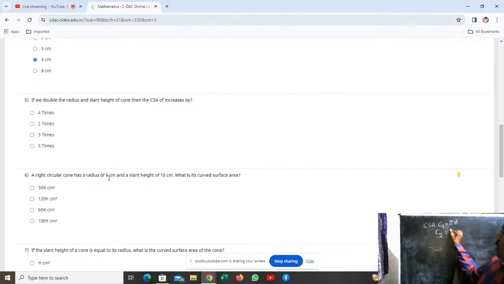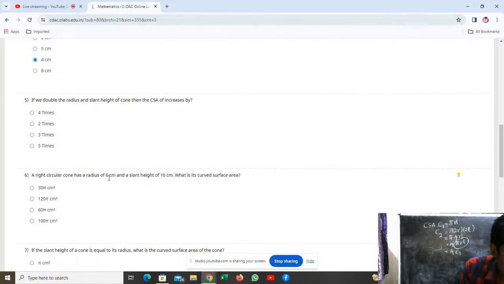Therefore, C2 becomes pi into 2R into 2L, which is pi into 2 into 2, 4RL, which is 4 into pi RL. The first one is pi RL, so 4C1. So now the second surface area becomes 4 times the first surface area.